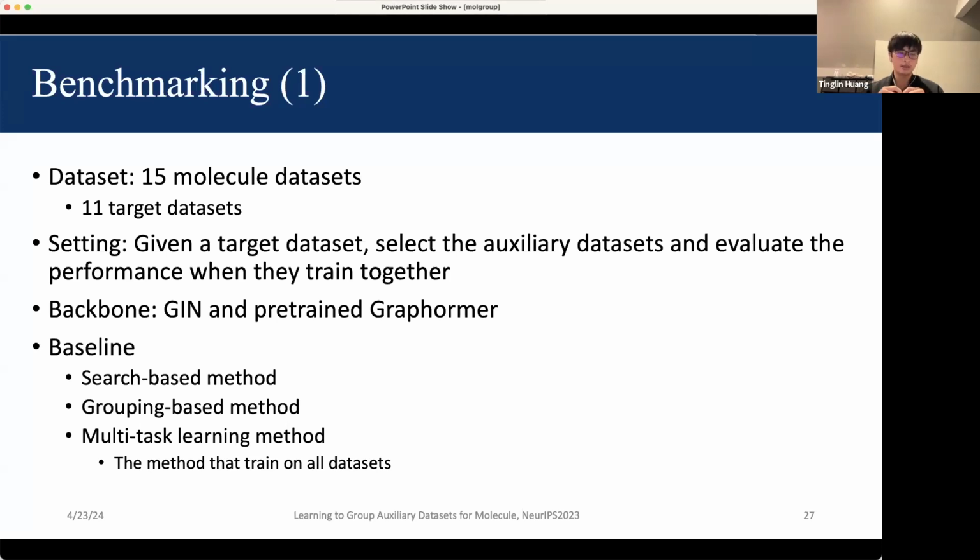Another is the grouping-based method, where there are some previous studies working on the multitask learning grouping setting. The last is the multitask learning method, which proposes a balancing loss algorithm.